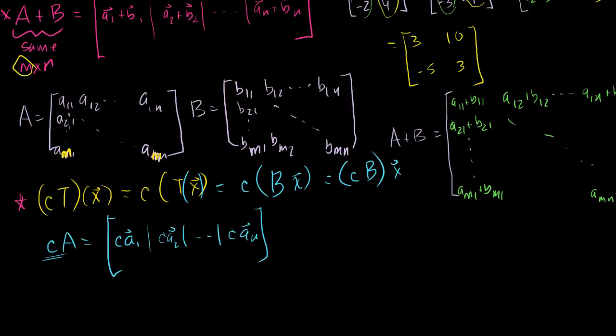This right here was our motivation. We wanted to be able to express this as a product of some new matrix and a vector, because any linear transformation should be expressible in that way. And that's why we made this definition.